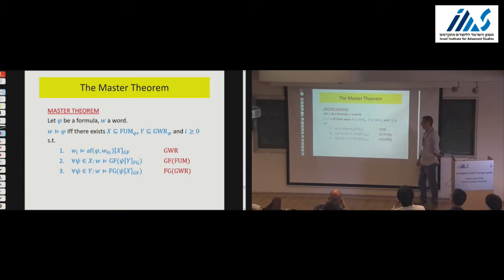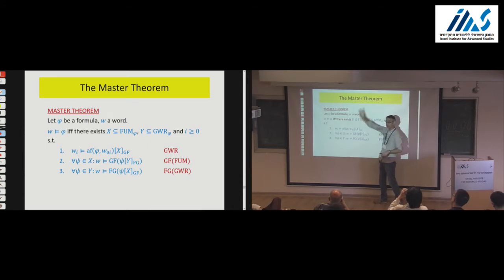Well, we have to guess the x, we have to guess the y, we have to guess the I, right? But there are finitely many possibilities here, so we can just consider all the possibilities. If you want, you could assume that you have an automaton dedicated to each possible choice of x and y.